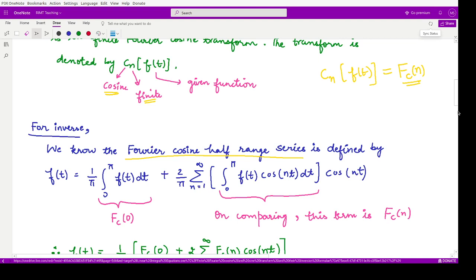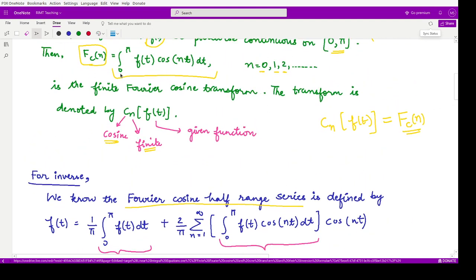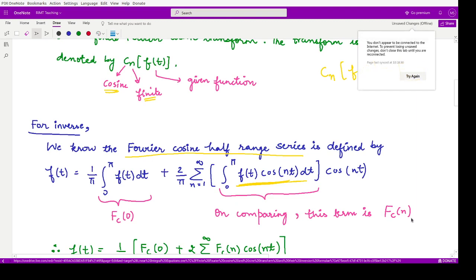Now if you compare this expression with the one we have just derived, the integration from 0 to pi f of t cos nt is equivalent to this quantity Fcn, and if you see, this is the same as this particular quantity. So we have identified this to be the same as Fcn.